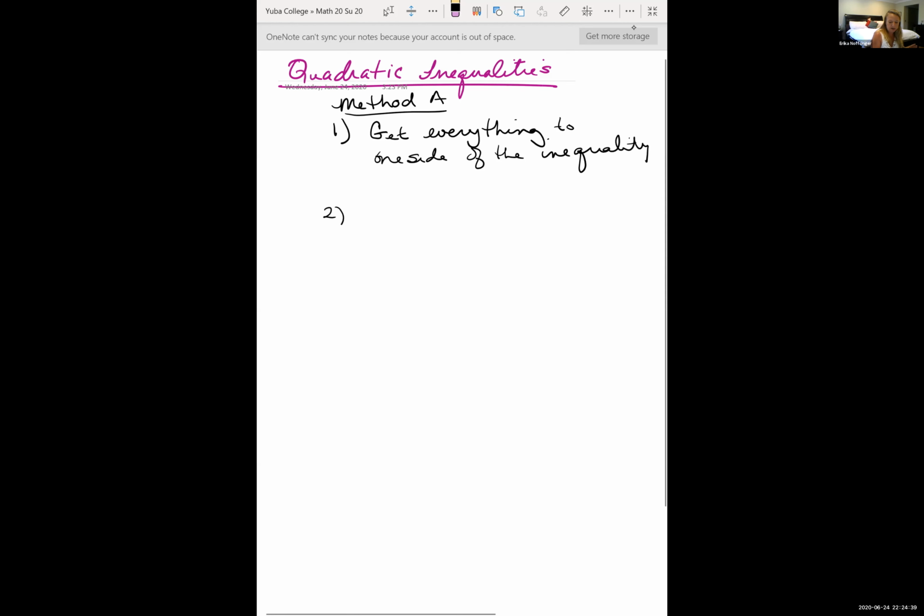Once you get everything to one side, you're going to have a quadratic expression that is either less than or equal to, or greater than or equal to 0.